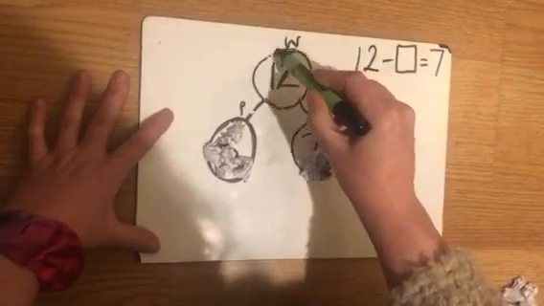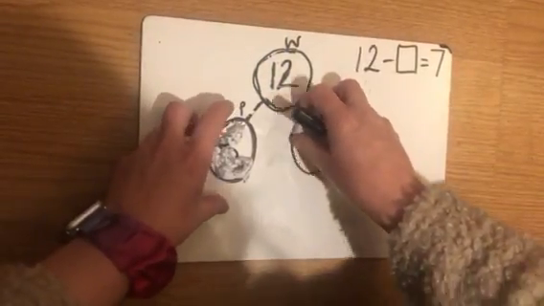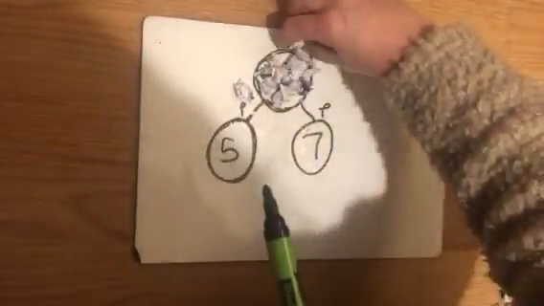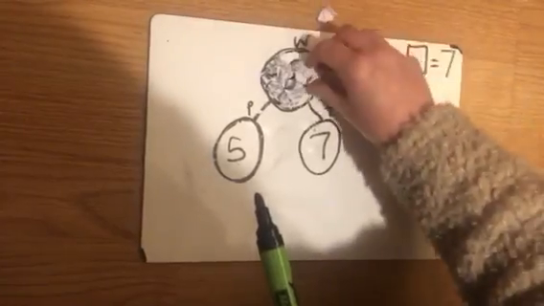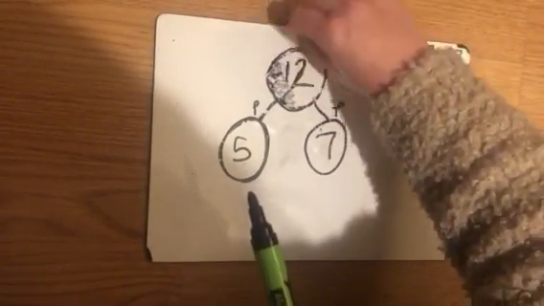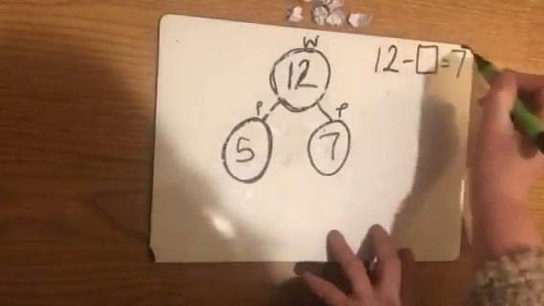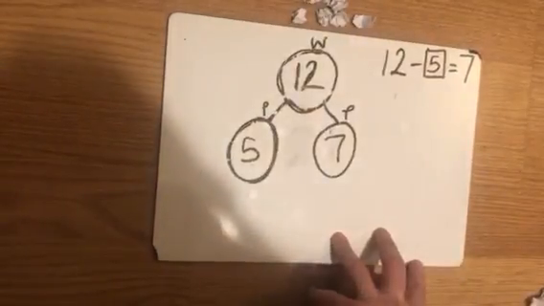And the way that we can check that out is if we put both of our parts back in together, we should have 12. So let's count them. 1, 2, 3, 4, 5, 6, 7, 8, 9, 10, 11, 12. So that's right. So we know that 12 take away 5 gives us 7.